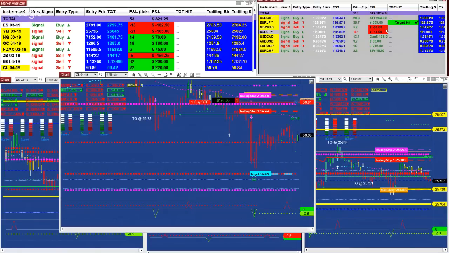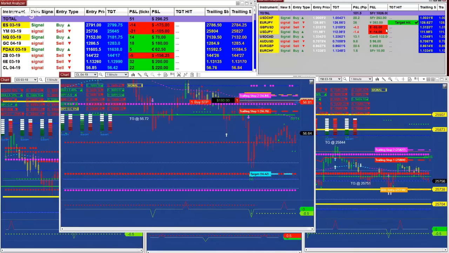So right now the pullback re-entry on the CL is right there, folks. It's 56.72. Again, one more time, we called the trade at 56.72 when the market went down, and right now it is a re-entry at 56.72.